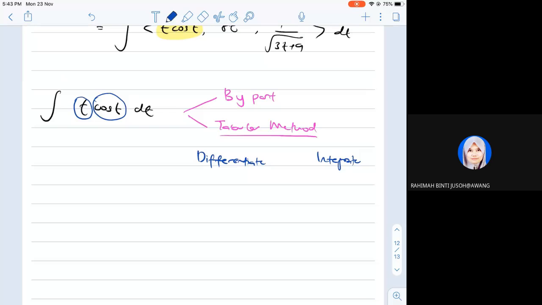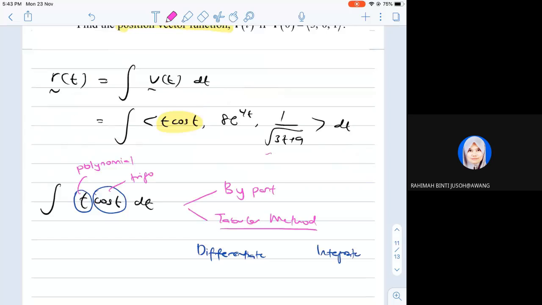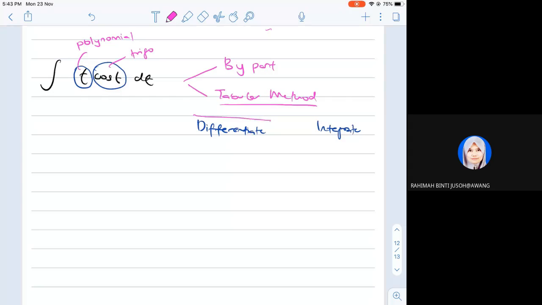In this case, guys, t belongs to the group of polynomial, and cos t belongs to trigonometric functions. So in the tabular method, which one is to be differentiated? It follows the LAPT rule.